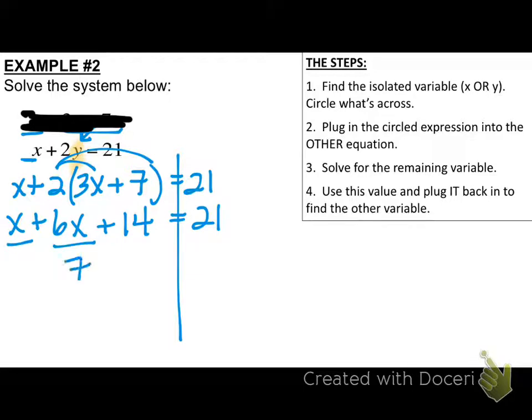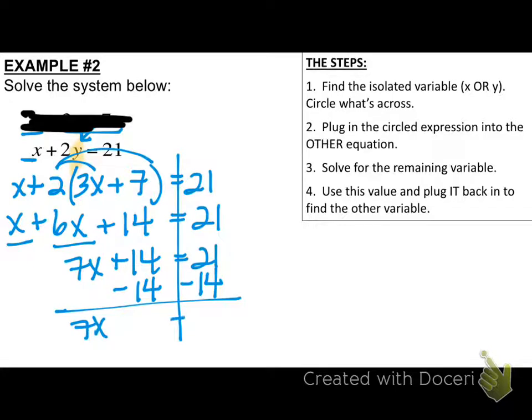Combine like terms. And I get x equals 1. Again, that's weird. Coincidence. X equals 1.